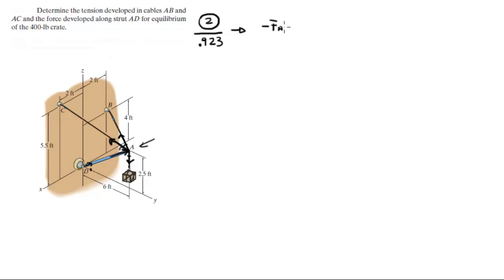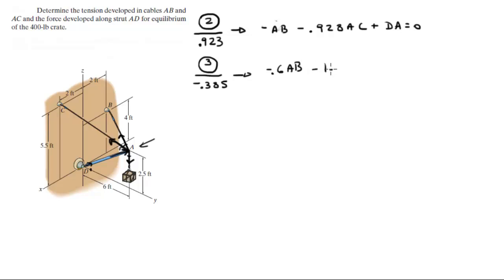Minus AB minus 0.928 AC plus dA is equal to 0. Now equation 3, I'm going to divide it by minus 0.385, and I get minus 0.6 AB minus 1.11 AC minus dA is equal to minus 1039.